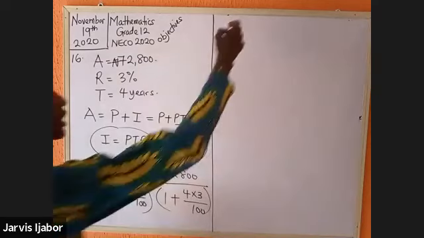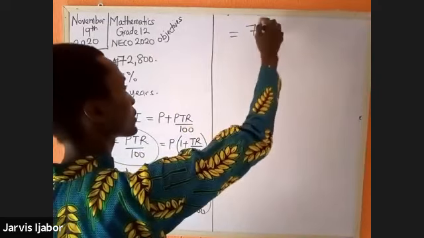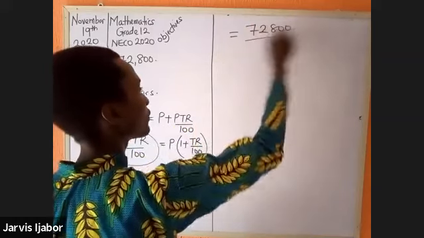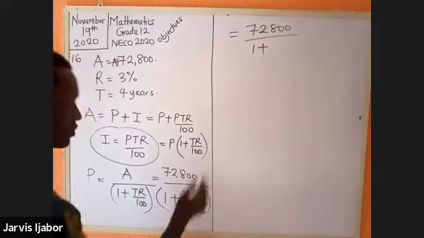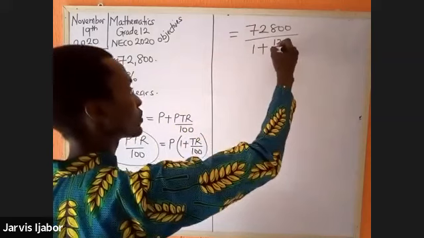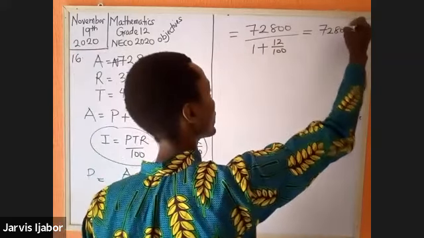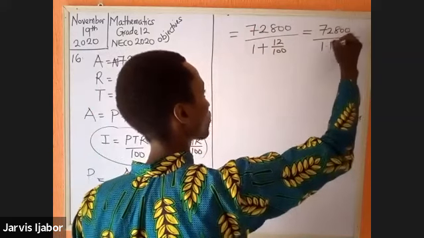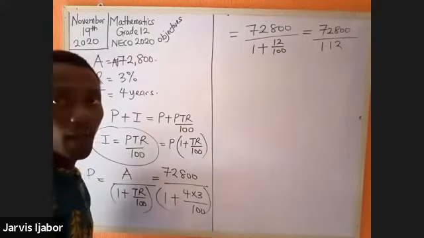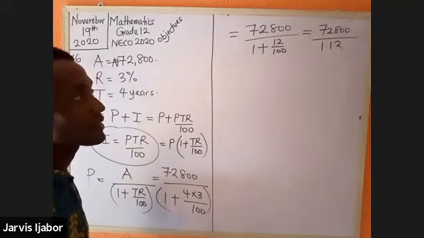So that will give you 72,800 divided by 1 plus 12 over 100. What does that give you? 72,800 divided by 1.12. Are we seeing that?